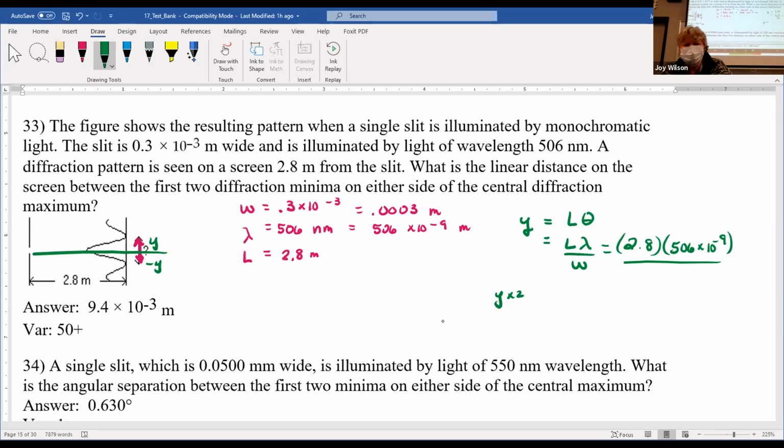And the width of my slit is 0.3 times 10 to the negative third. And we have our answer over here. This comes out to be 4.7 times 10 to the negative third. So when you double it, the width of your central bright is 9.4 times 10 to the negative third.